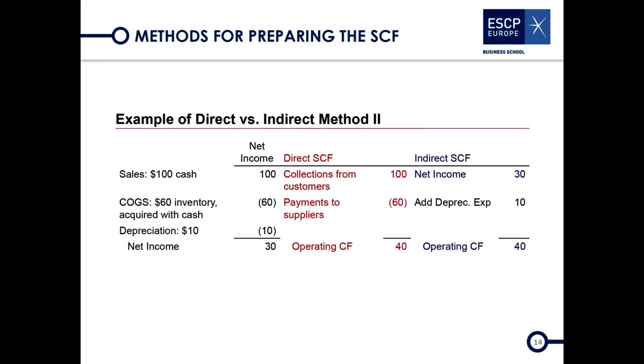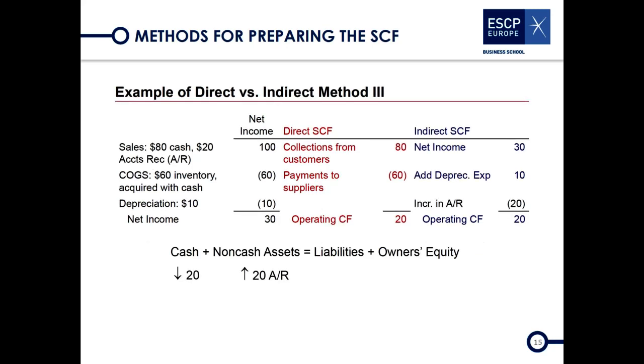Gone further down. Now the indirect statement of cash flow. We start with net income of 30. We add back depreciation. And what about this 20 in sales revenue that was not collected in cash yet? What do we need to do? Well, we need to eliminate it.